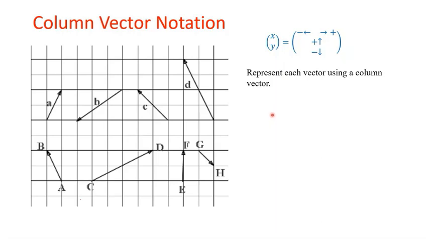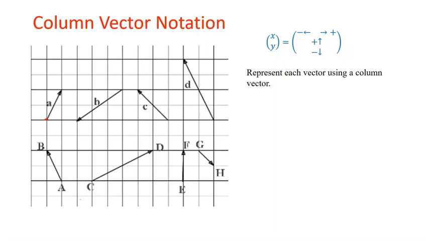So how do we represent vectors as column vectors? Let's look to the left of our screen, and now we are looking at several vectors. We want to start with vector A, and we want to write it as a column vector. So we are going to start here at the tail of vector A, and we are going to move in the direction parallel to the x-axis, in the direction of the head.